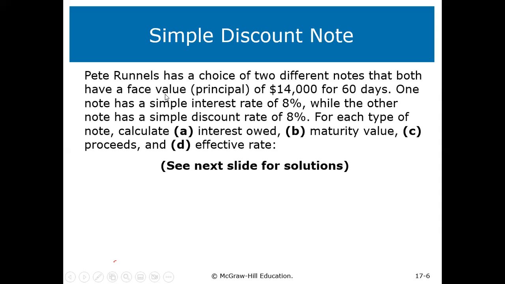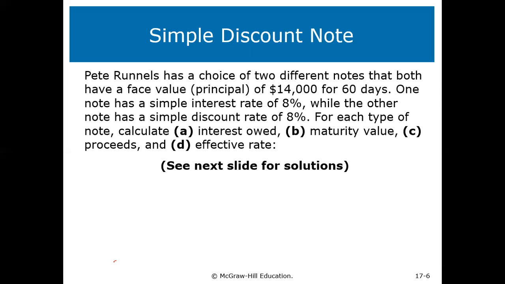Ang tanong, Pete is in this case, sabihin natin siya yung manghihiram, no? Siya yung mag-i-issue ng note. Kasi pwede rin siya yung magpapahiram. So here, Pete is the one issuing the note. So nag-iisip siya, mag-aano ba ako ng simple interest o simple discount?